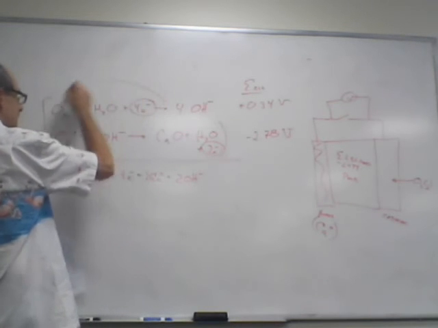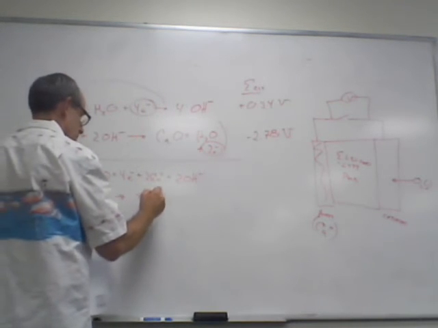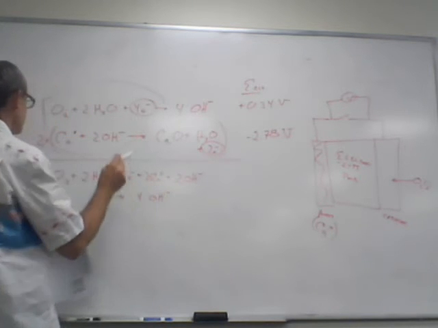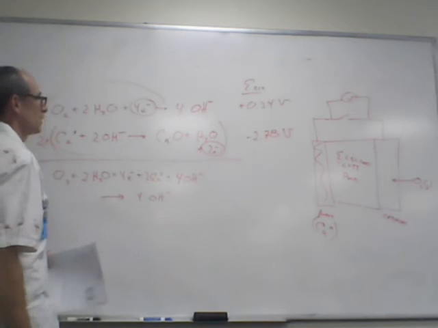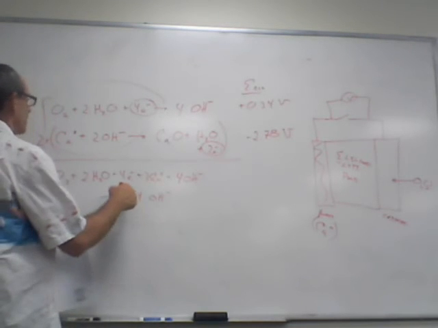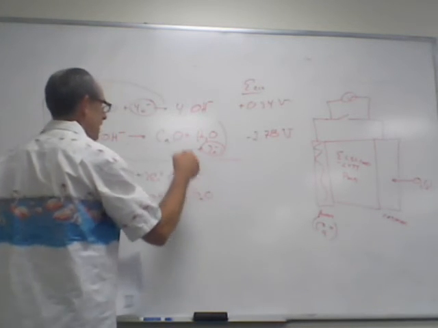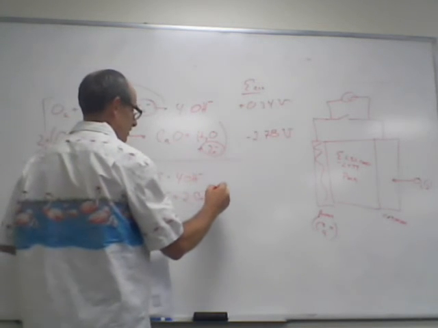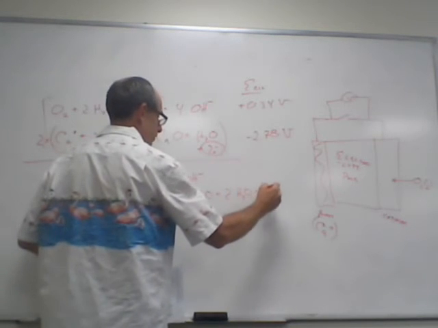Those are all of my reactants. Going to 4 hydroxide ions. Oops, did I forget to multiply? I did forget to multiply that by 2. 4 hydroxide ions plus 2 calcium oxide formula units plus 2 water molecules plus 4 electrons.